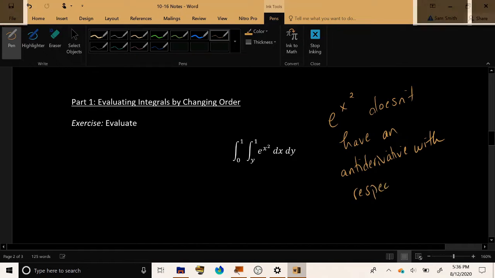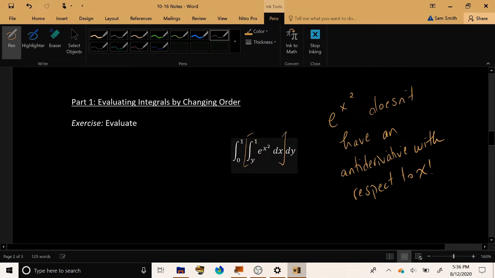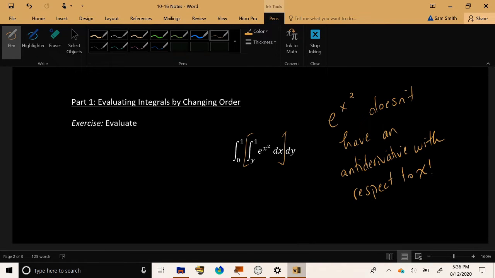So as soon as I try and calculate this innermost integral, I'm going to run into trouble right away because I'm not going to be able to find an antiderivative of e to the x squared.